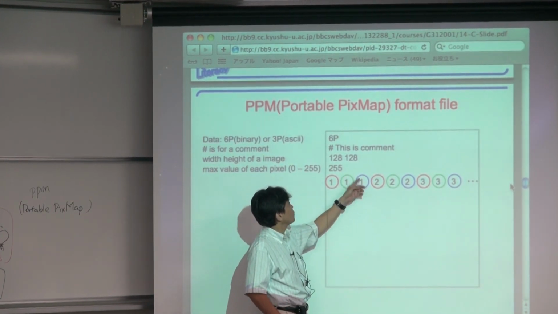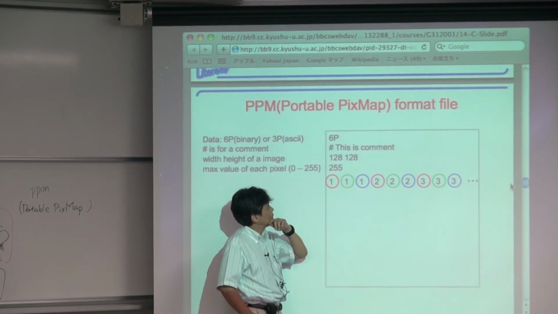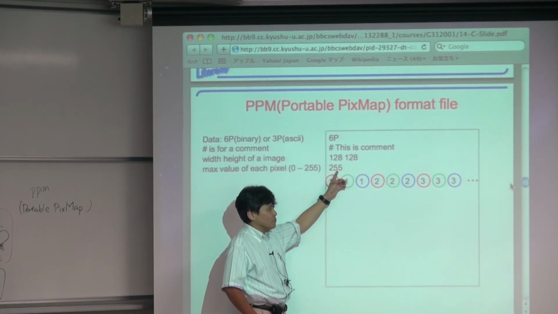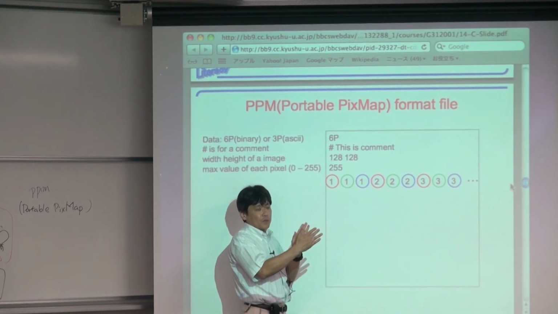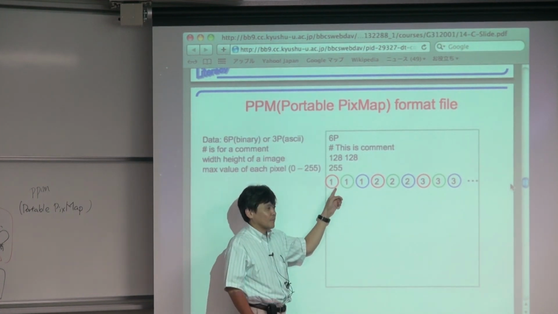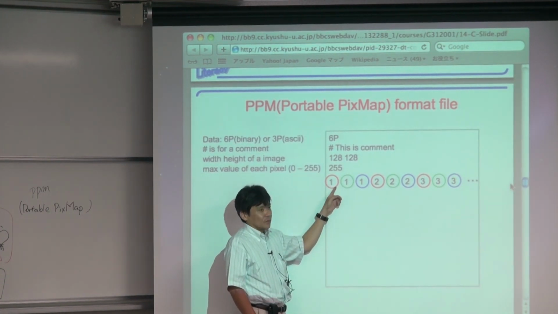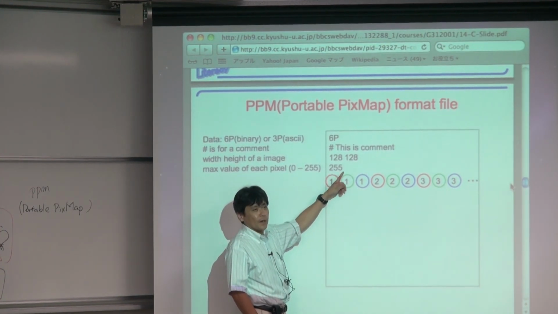In this case, 128, 128. And you have to specify the depth of each pixel. Okay, so for example, the R value has a maximum of 255.